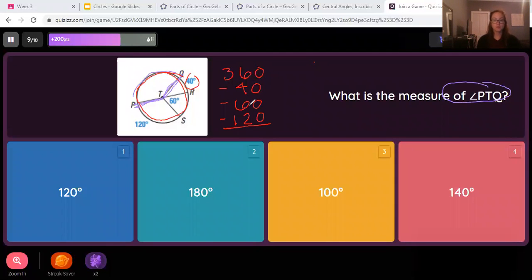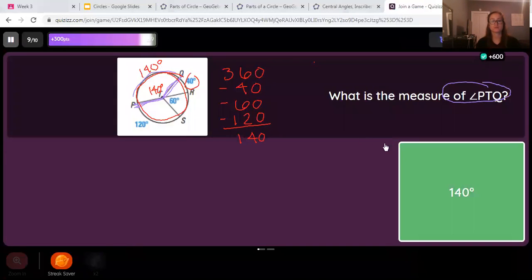So that should be that remaining piece right here, that purple piece. And if the arc is 140 degrees, then that means that the central angle where the vertex is on the center is also 140 degrees. So it should be 140.